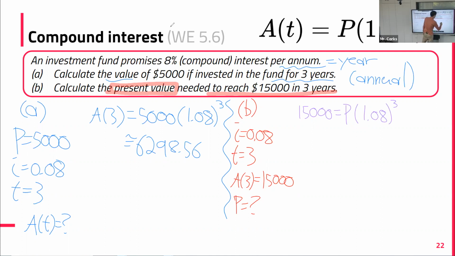And if we rearrange, P is then 15,000 divided by 1.08 exponent 3. And our number there, 907. Okay.